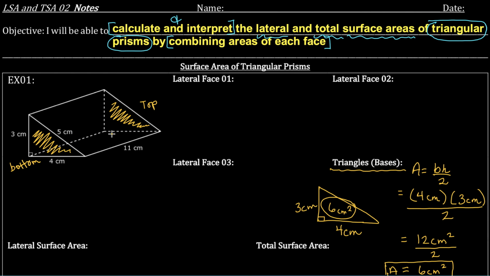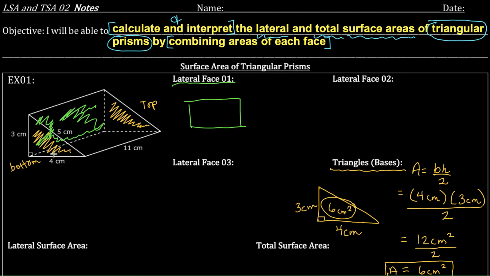So that means these are the lateral faces. Let's just pick the one in the back first. Everything back here. Right? So green, that's obviously a rectangle. This rectangle is 11 long. Don't get fooled by this 5.